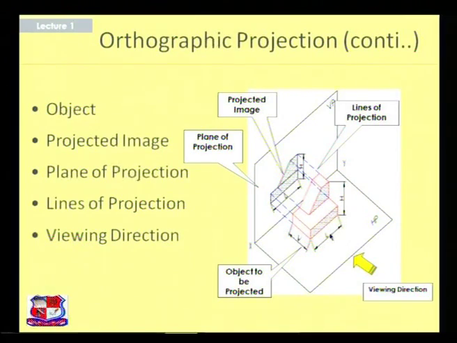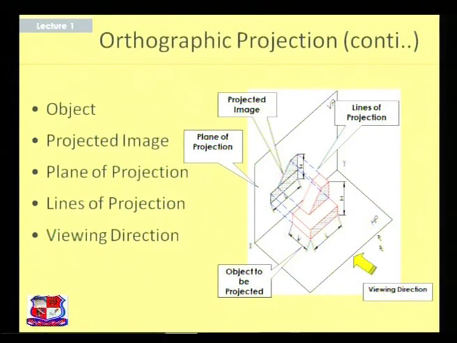So the plane of projection in which the image is projected is the vertical plane. Now this object is said to be the object to be projected. If any 3D object, or any direction of the orthographic projection we have to create, this object is said to be the object to be projected.